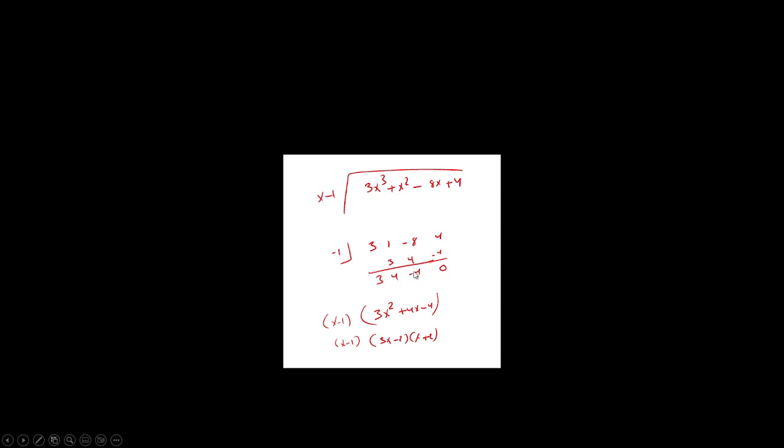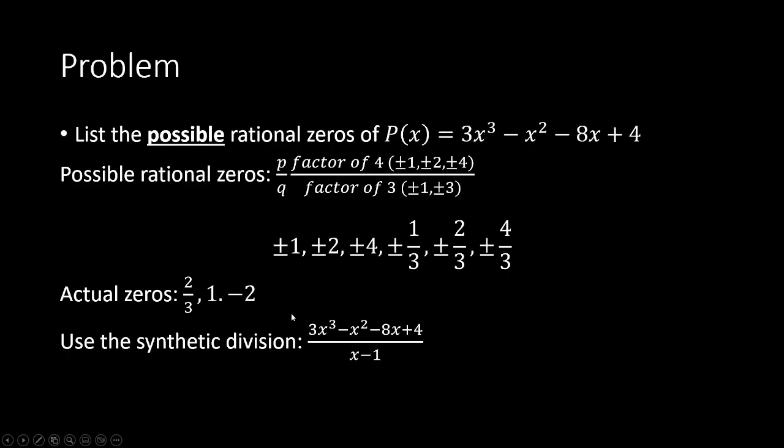You get negative 8 plus 4, which is negative 4. 1 times negative 4 is negative 4. Add, and you get 0. So you have 3x squared plus 4x minus 4. From there, you could factor that into 3x minus 2 times x plus 2, and solving for 0, you get 1, 2/3, and negative 2, which is right here.